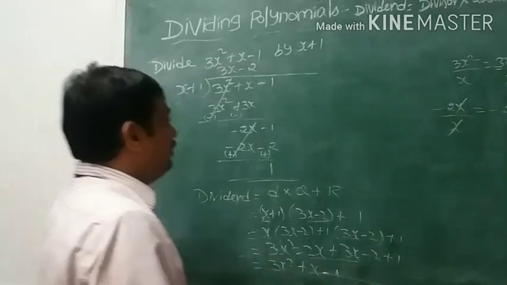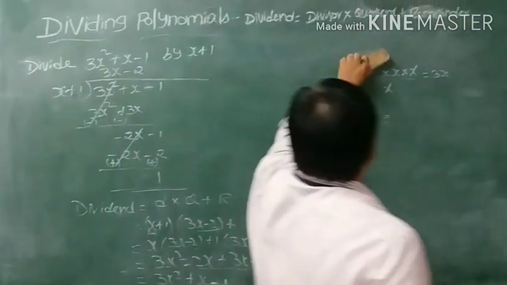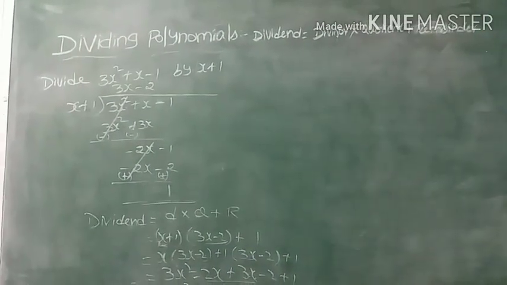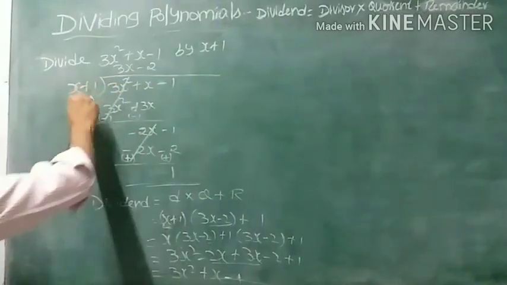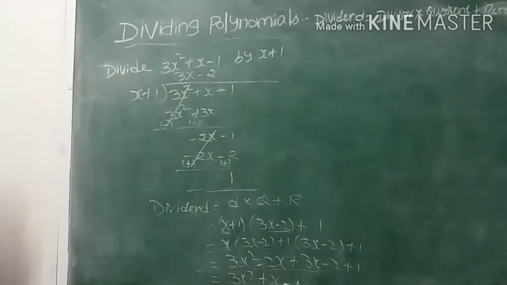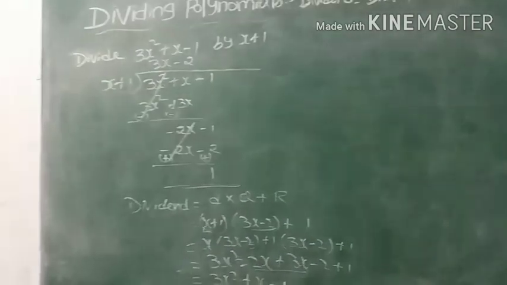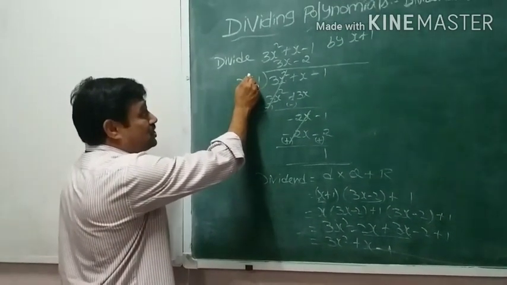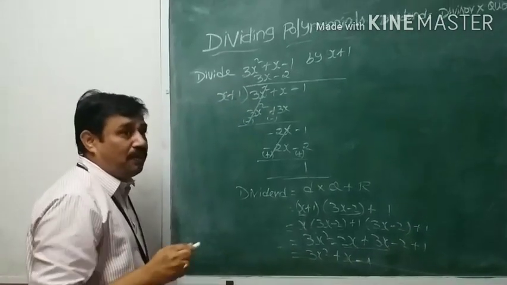Now in this one, we can say that x plus 1 is which polynomial? Linear polynomial. How can we say x plus 1 is a linear polynomial? Because here the degree is 1. First degree is nothing but a linear polynomial.